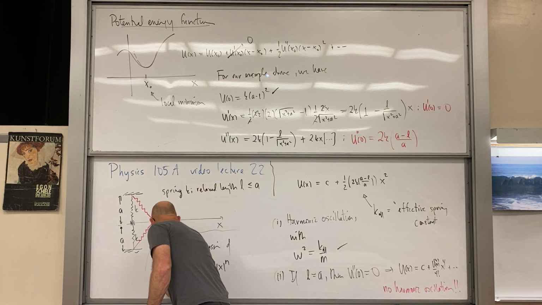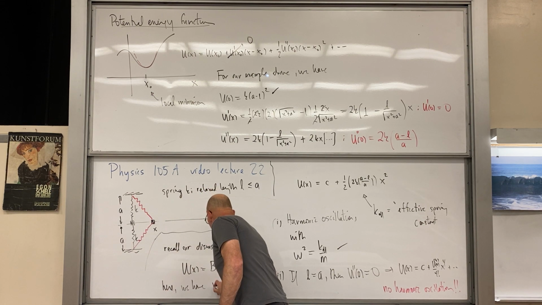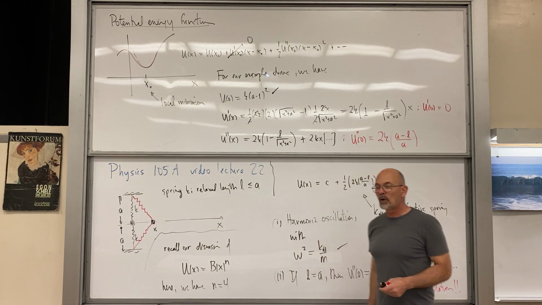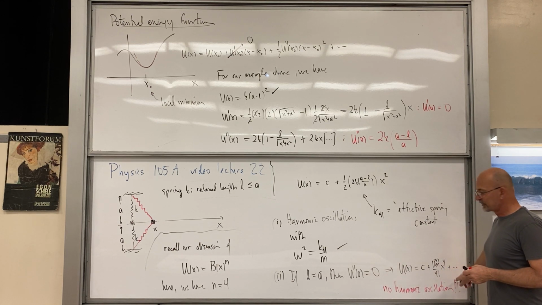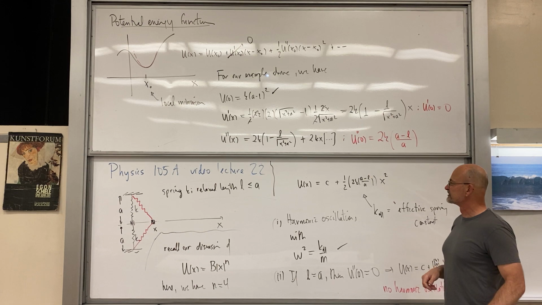So here we have n equals 4, but not n equals 4 all the way. It would be just the leading term. Then we would have a 6th power and so forth and so on. Okay.